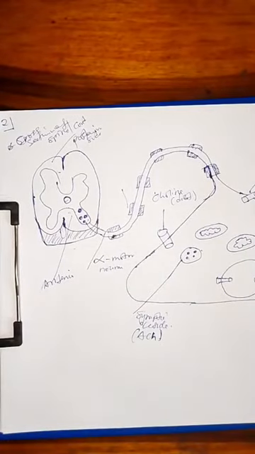This terminal has certain channels. There's the synaptic vesicle, which has the acetylcholine, and the mitochondria, which produces ATP. It is also involved in the Krebs cycle, all that, until the formation of acetylcholine.